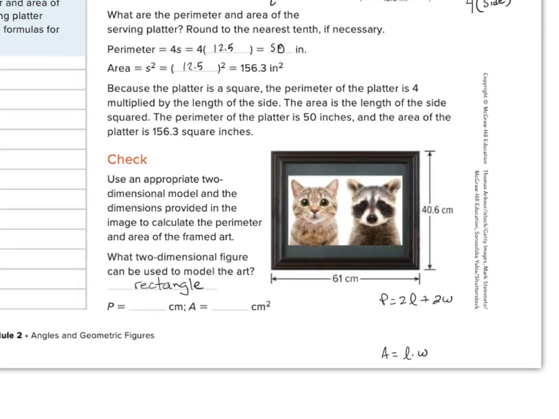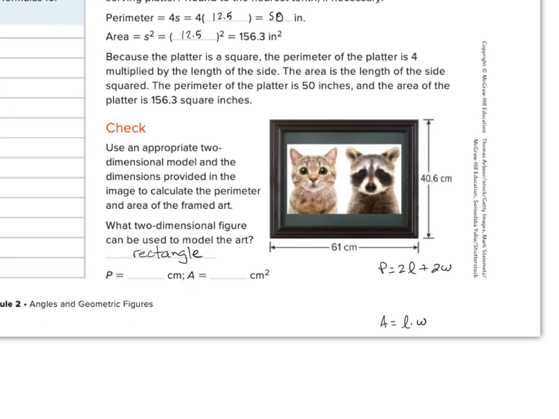So looking at that, two-dimensional figure can be used to model the what, two-dimensional, the rectangle, the perimeter. It looks like the length, so we have 2 times 40.6 plus 2 times 61. Call this my width, call this my length. So we can plug that into the calculator.